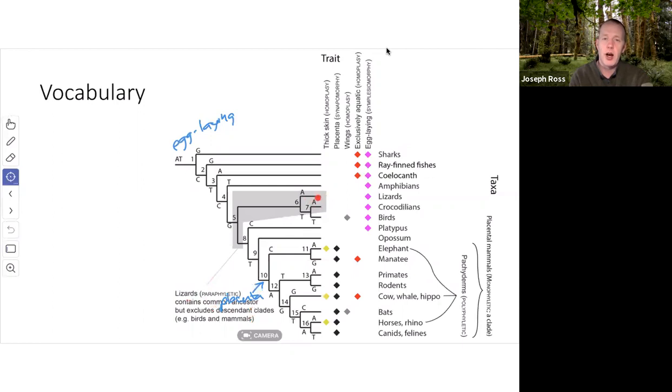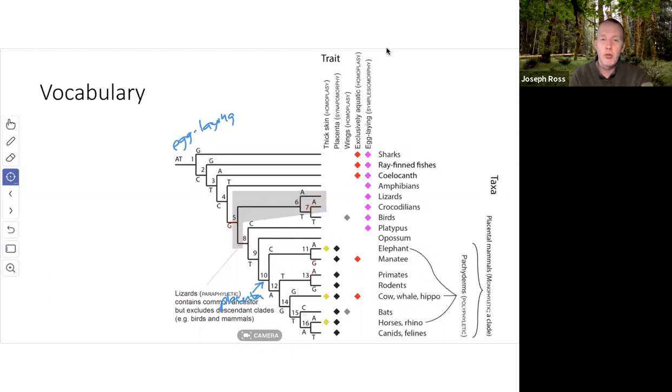And that's because the common ancestor of this entire branch that includes lizards also caused the evolution of placental mammals, for example. We don't call them lizards. So lizards is paraphyletic. They have a common ancestor, but this group excludes other descendants of that common ancestor.